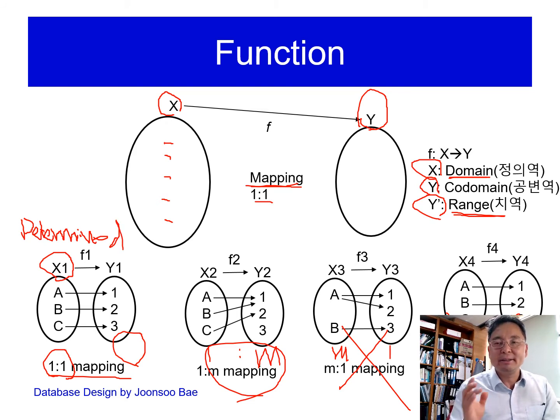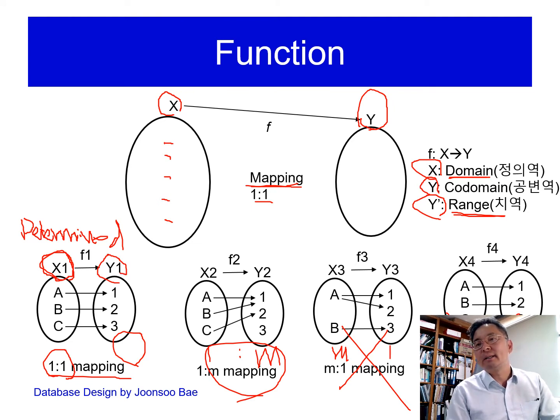In that sense, X1 is called the determinant of these mappings, and Y1 is called the dependent. So here the determinant and dependent exist in each mapping.